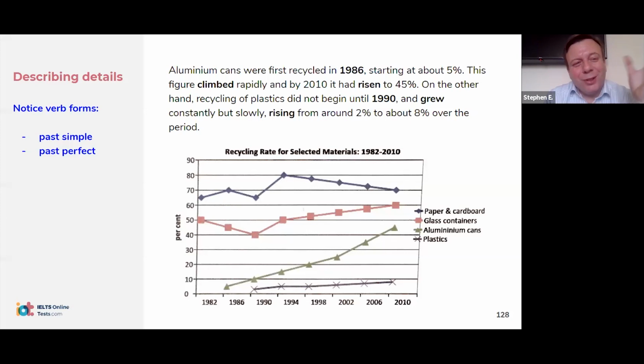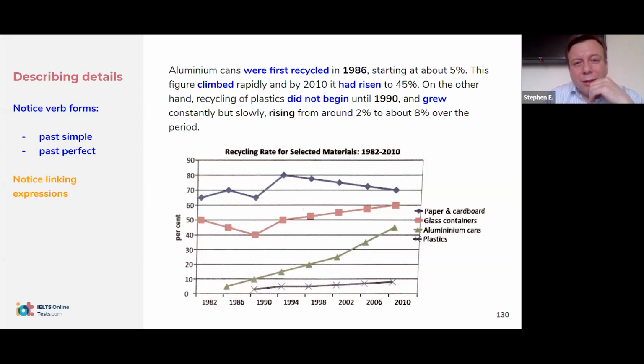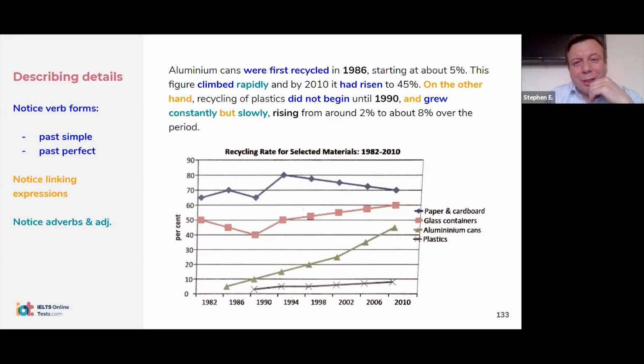So again, we've got our verb forms, past simple, past perfect: were first recycled, climbed, had risen, did not begin, grew. And then we've got our linking expressions there: on the other hand, and but, and adverbs and adjectives, so rapidly, constantly, slowly. And then we've got our cohesive devices, this, figure, it.